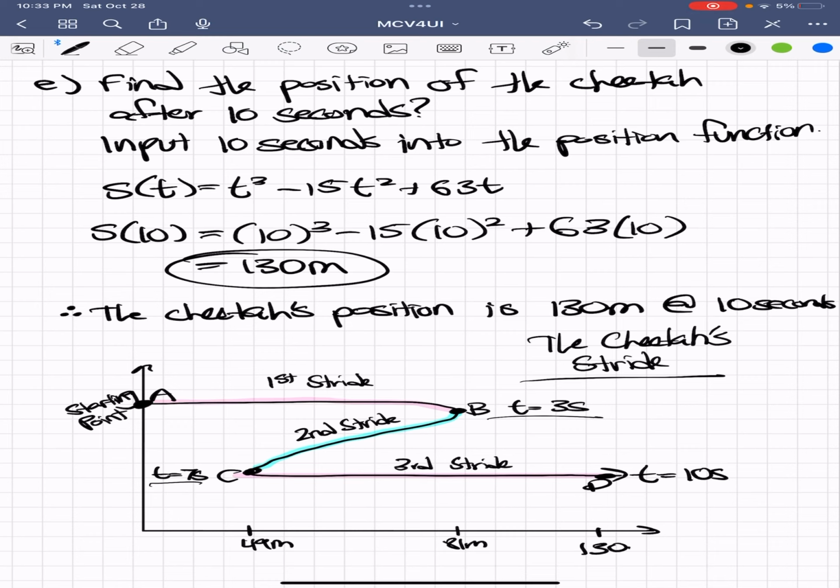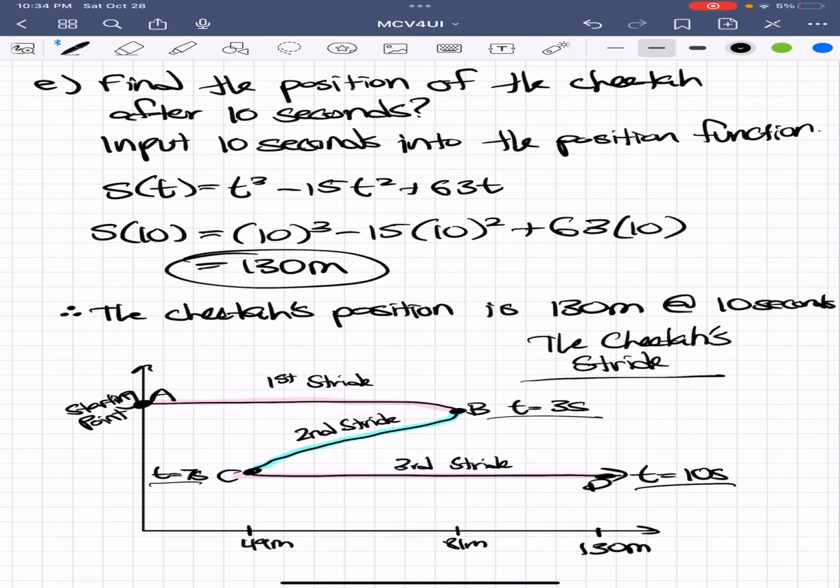And then we have 130 meters. And then we have t equals 3 seconds, t equals 7 seconds, t equals 10 seconds.